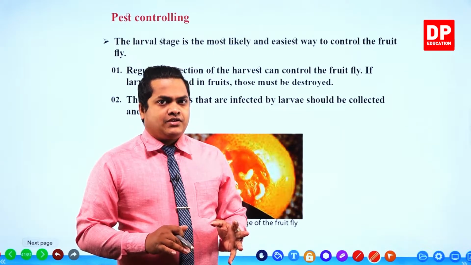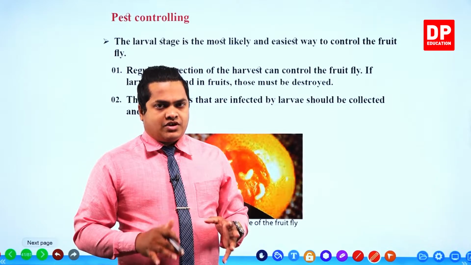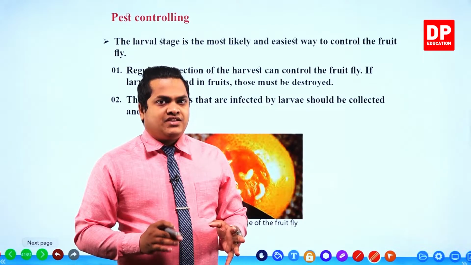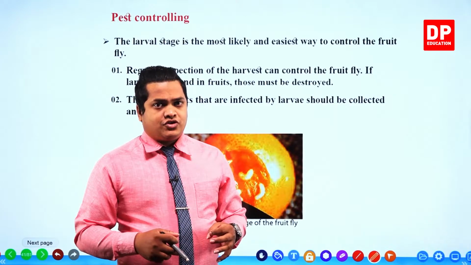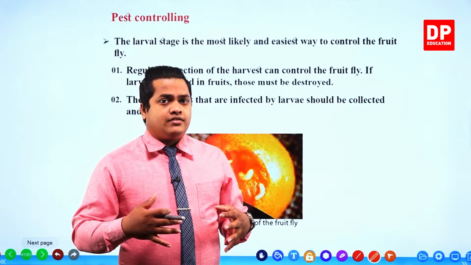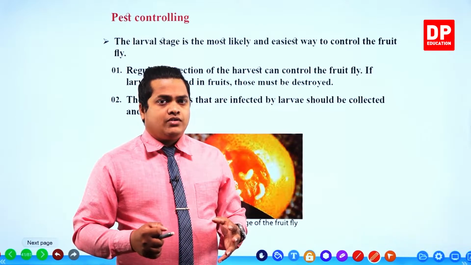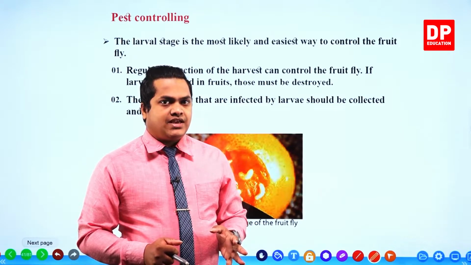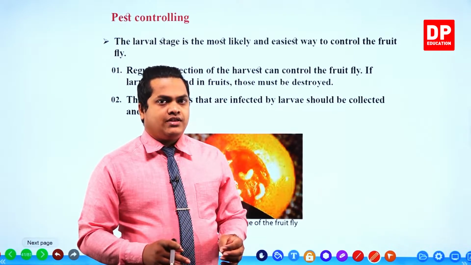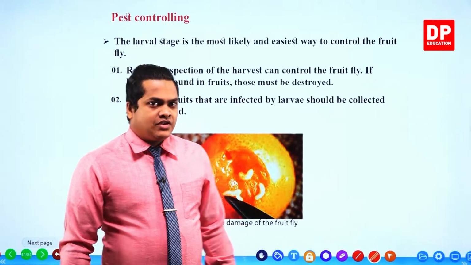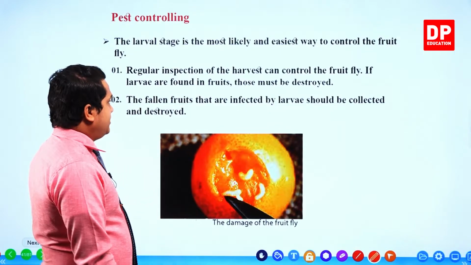The easier way to destroy the pest fruit fly is destroying the larval stage. In that way we can destroy the sensitive stage, and upon destroying it, we can control the pest fruit fly.